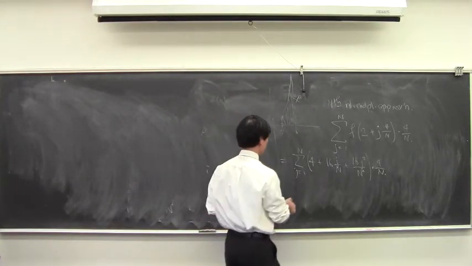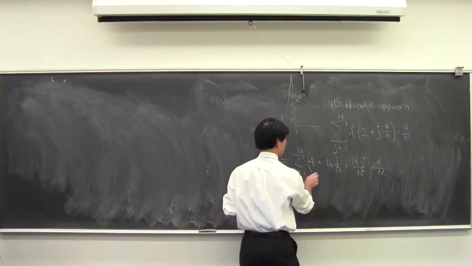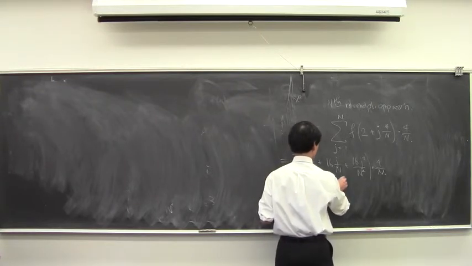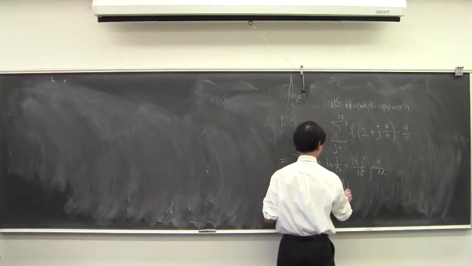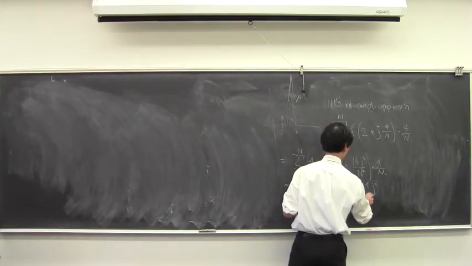So what do you get? You get the summation j equals 1 to n of 16 over n plus 64j over n squared plus 64j squared over n cubed.